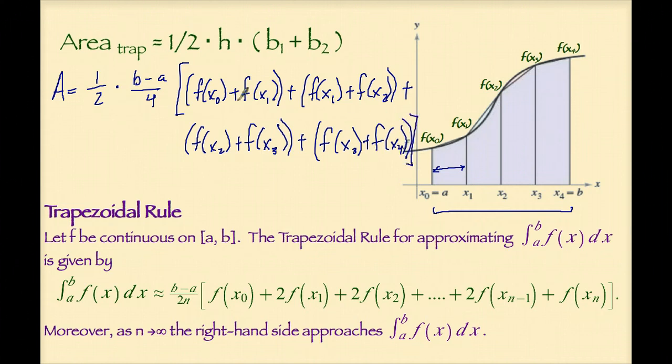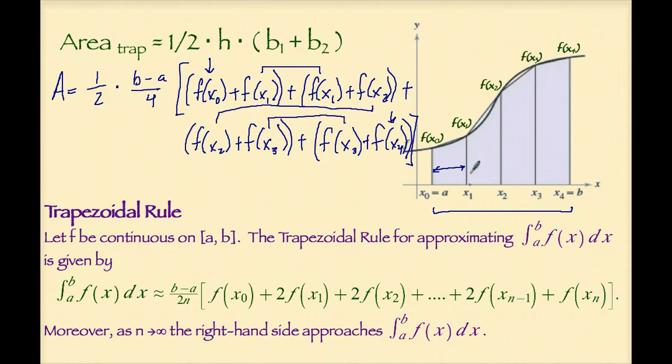Now, let's see what we've added here. Notice that the function height at the left endpoint of the interval and the right endpoint of the interval were added once, but all of the function heights in between were added twice: f of x sub 1, f of x sub 2, and f of x sub 3.